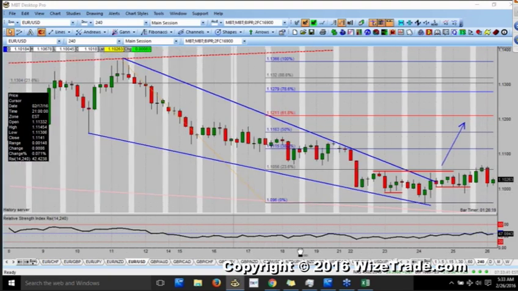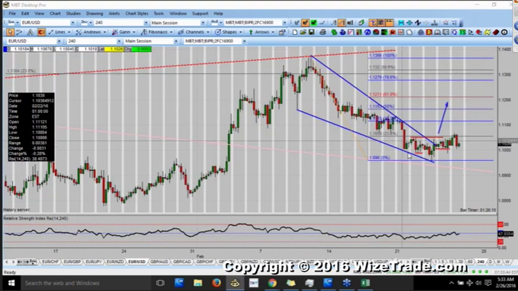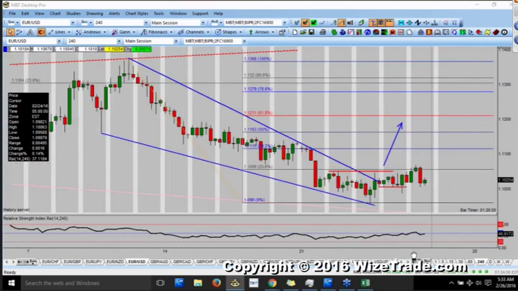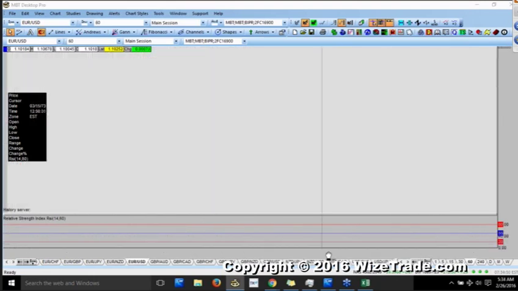Unfortunately, I'm looking at this as an inverted head and shoulder pattern. It's got to really start playing out right now. If it doesn't, you lose your symmetry here, because if you measure it out, let's go over to the hourly, actually.